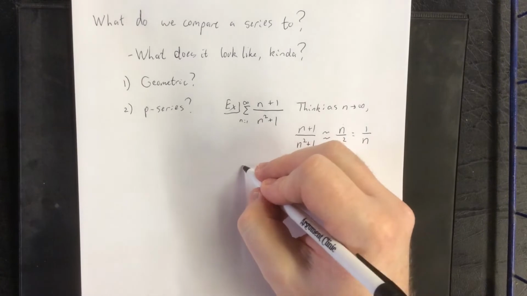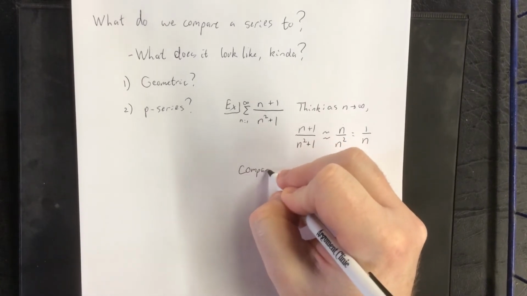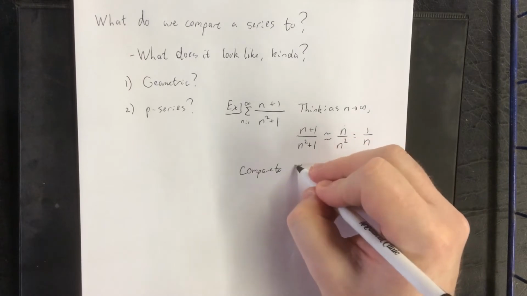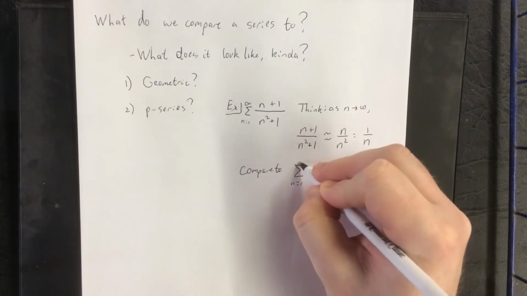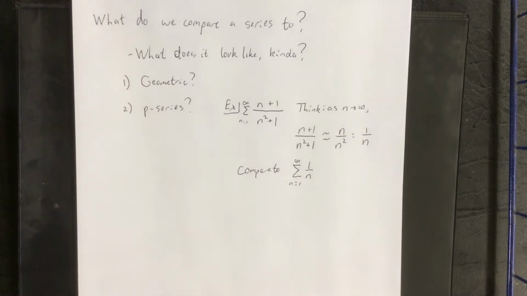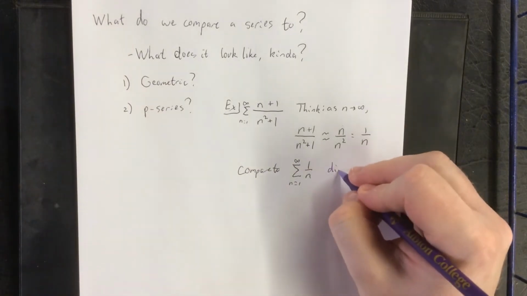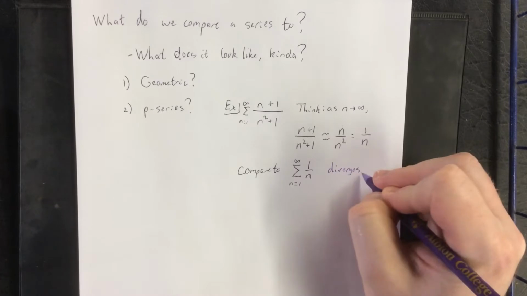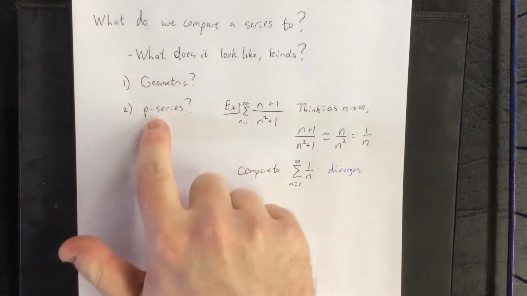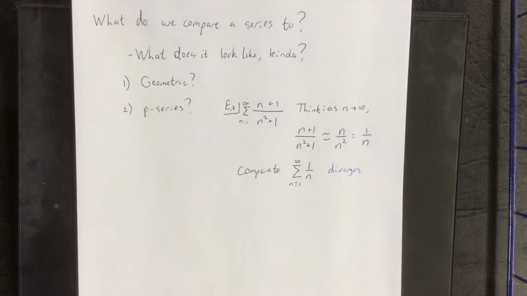In this case, I would say compare to this series. That, of course, being the harmonic series. Harmonic series is something that we know diverges. So if you can compare it to either a geometric series or a p-series just based off of the things that you see, you should be in pretty good shape.